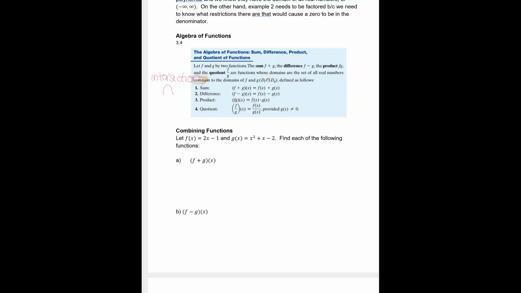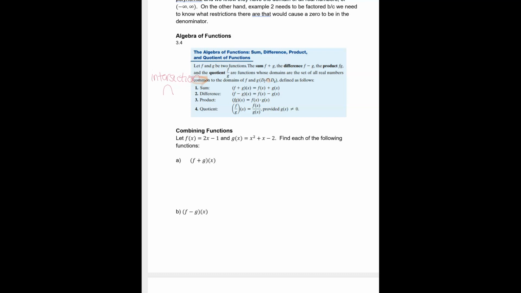This means that what the domain of the function f and the domain of the function g have in common is going to be the domain for the new functions that we build, okay? I really don't ask you about domains, but that's just in case you ever come across it. I just want you to understand what that means later, if ever you have to deal with that in your math future, okay?